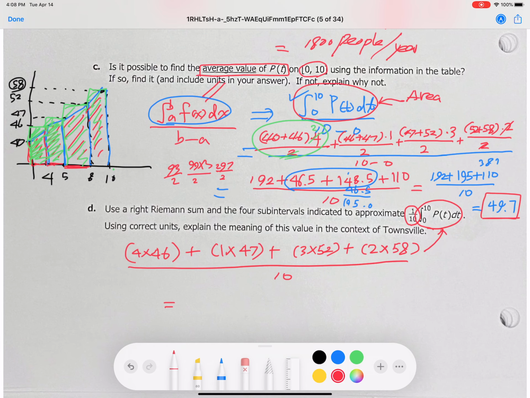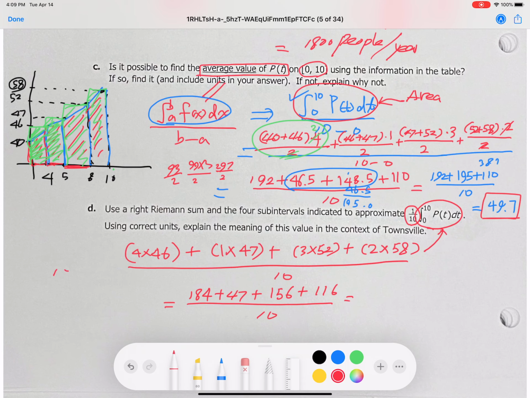So 4 times 46, 184, plus 47, 3 times 52, 156, plus 2 times 58, 116, over 10.